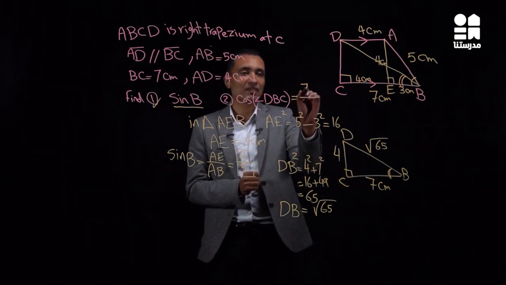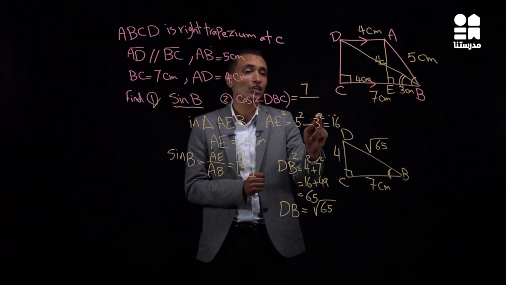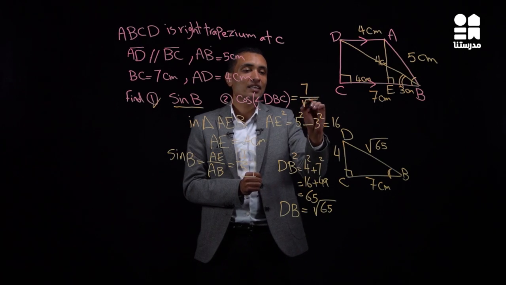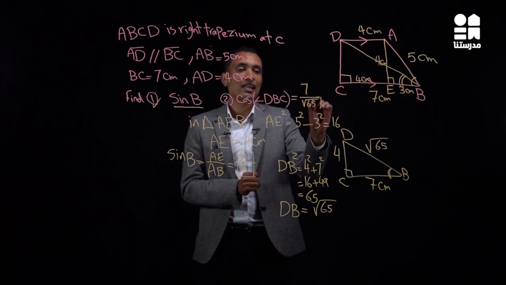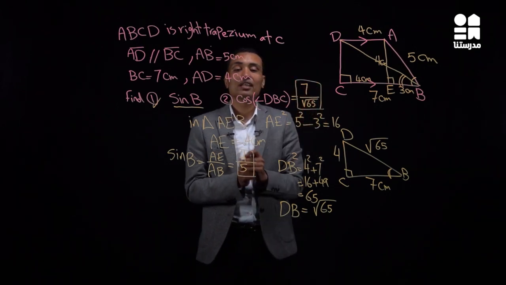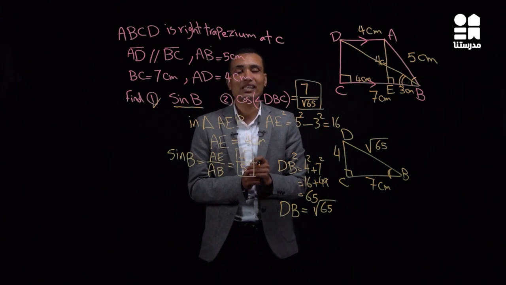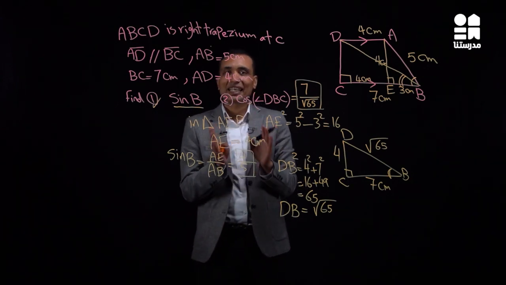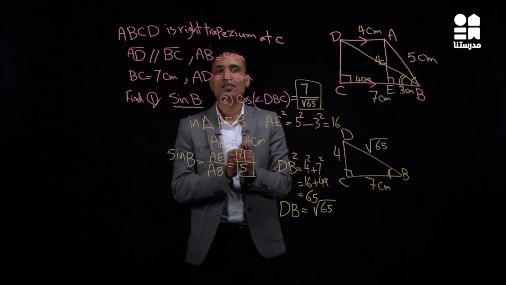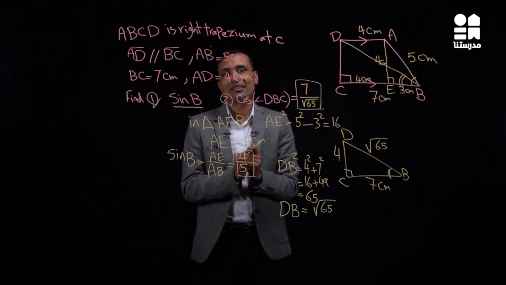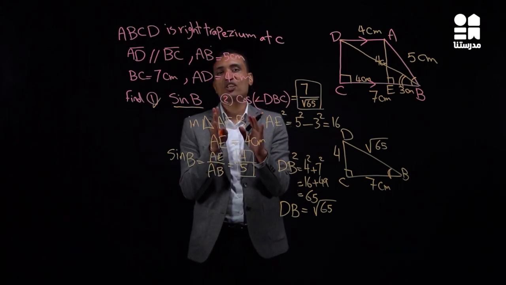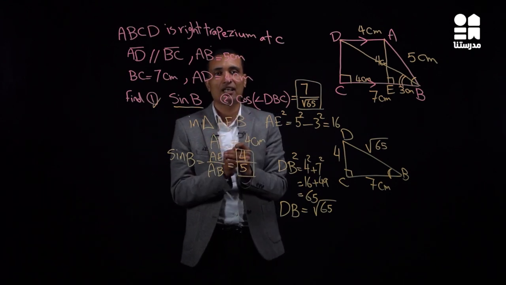So it will be 7 and the hypotenuse which is root 65 and this is cosine the angle DBC. وبكده نكون خلصنا example 5.